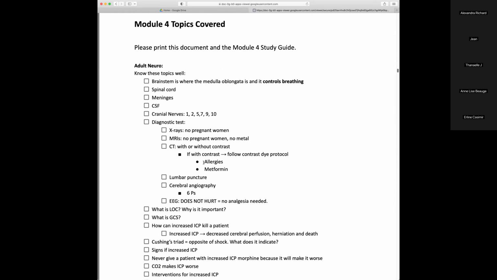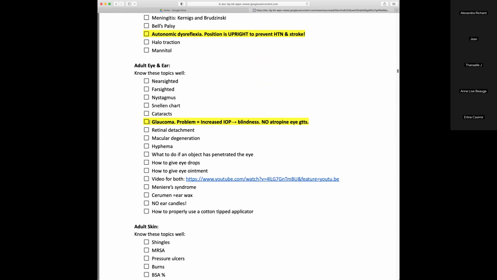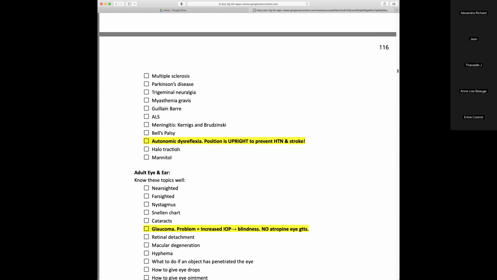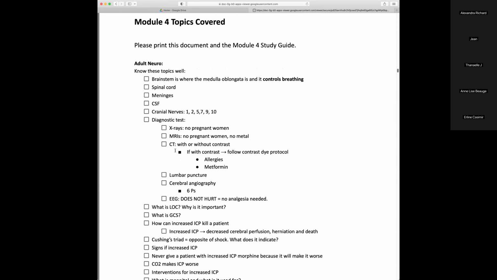So these are the major systems of Module 4. Module 4 is very complex. You have adult neuro, you have eye and ear, you have adult skin, and then you have perioperative. Okay, so it's a lot. You have to read the entire chapter. There's no other way.